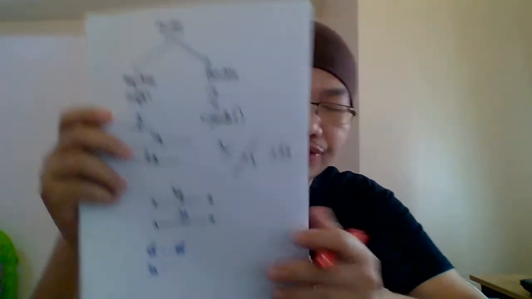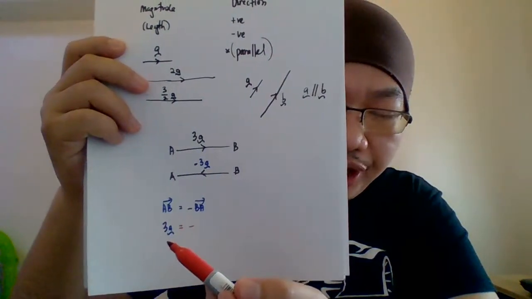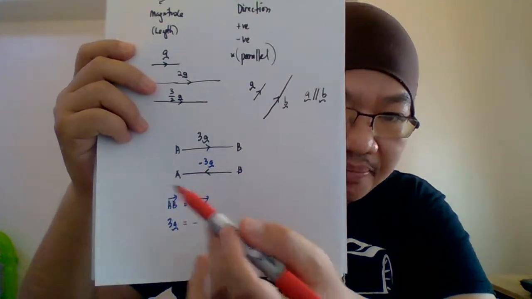So let's prove this equation. You see here, AB is 3A. So the BA, okay guys, since AB is 3A, this is the identity. You must remember that.